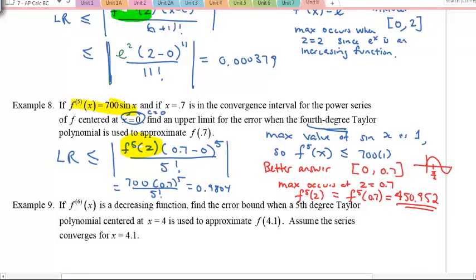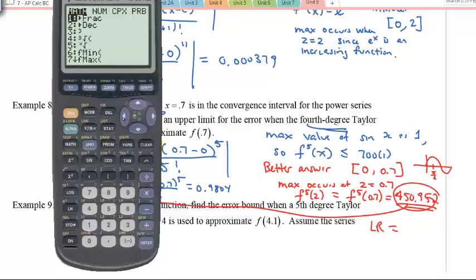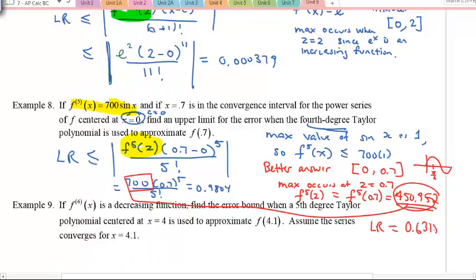And in this case, if I were to now use this instead of the 700, you can calculate that yourself. So let's try. The Lagrange remainder would be 450.952 times 0.7 to the power of 5 divided by 5 factorial, which is 0.631596.